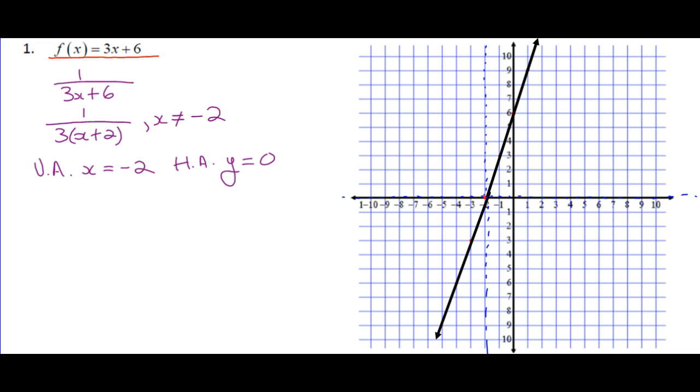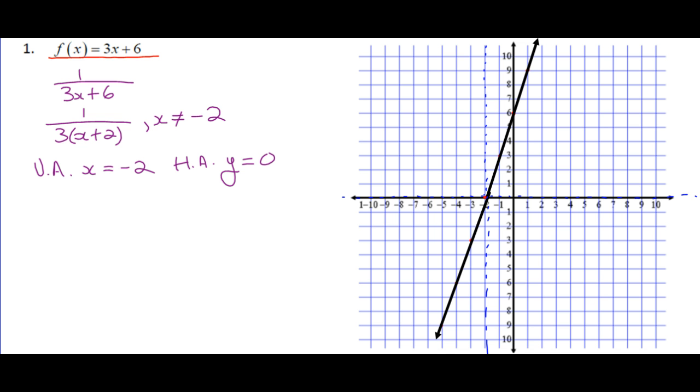The next thing we're looking at is invariant points, right? The invariant points, where do they occur? Invariant points occur when y is equal to 1 or negative 1. Now, I can't really tell what that point is, because it's not passing through a nice grid intersection.